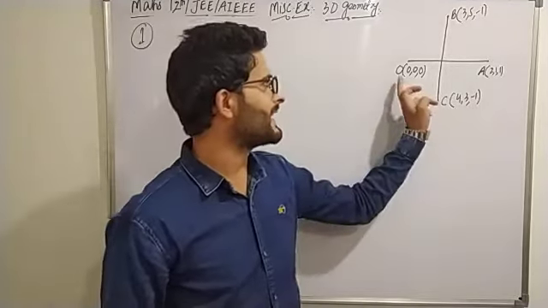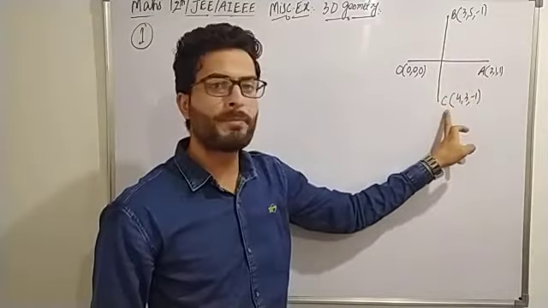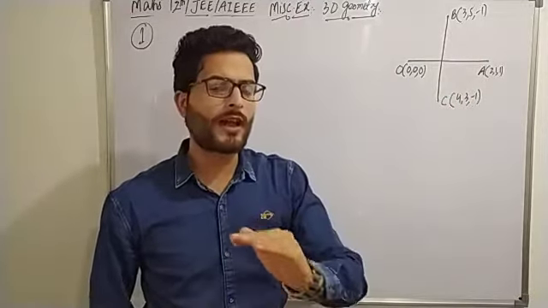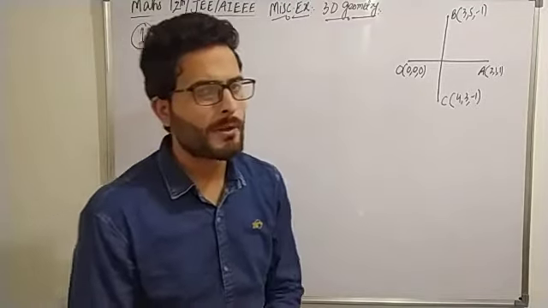First we will find the direction ratios of OA, and next we will find the direction ratios of BC. If the sum of products of direction ratios is 0, then the lines must be perpendicular.